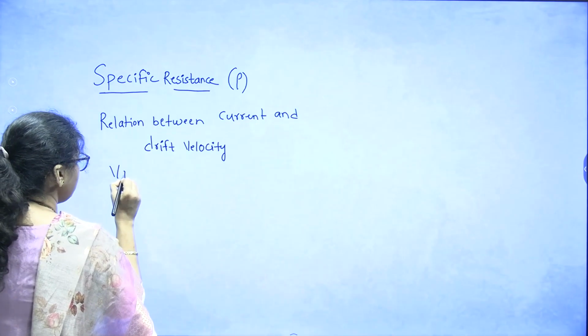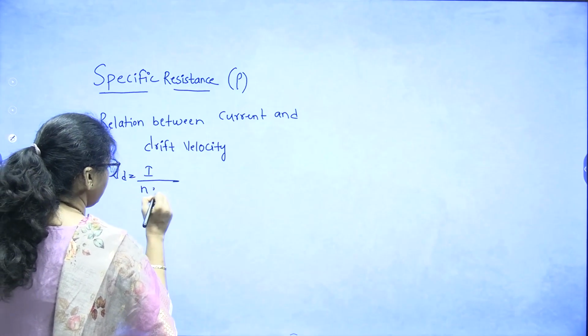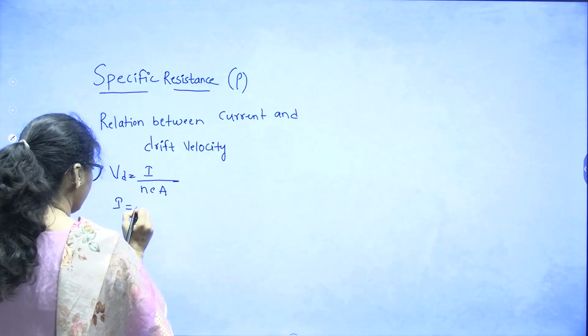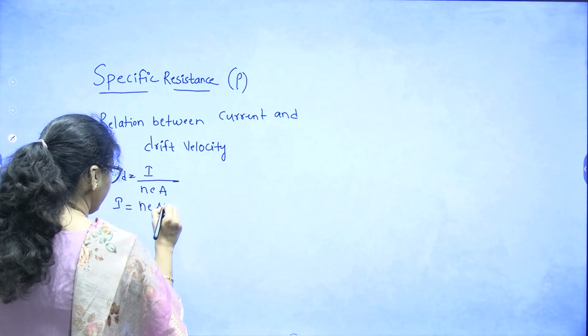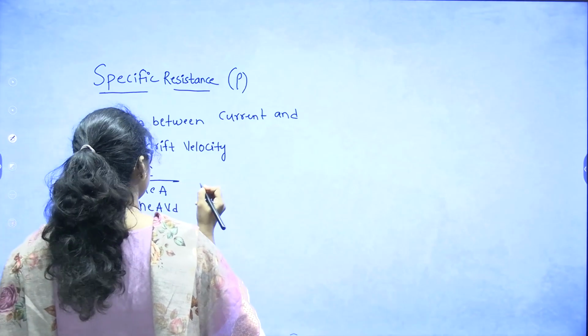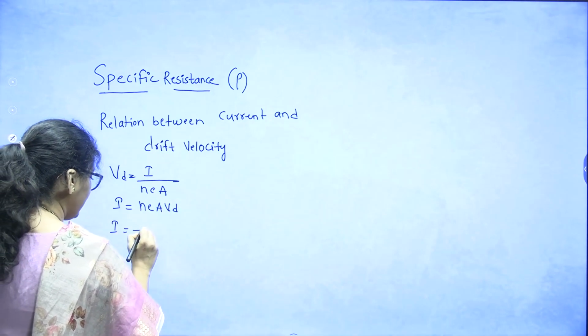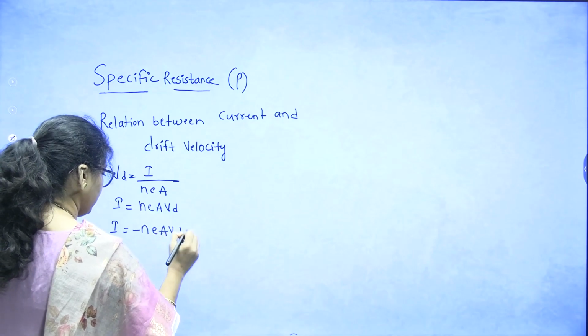Vd is equal to I by NEA. From this, I is equal to NEA Vd. As the charges here are electrons, I will take I is equal to minus NEA Vd. Clear?